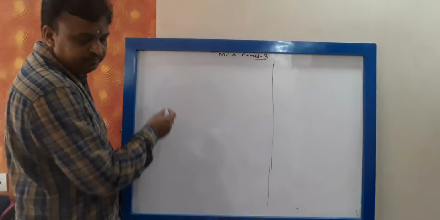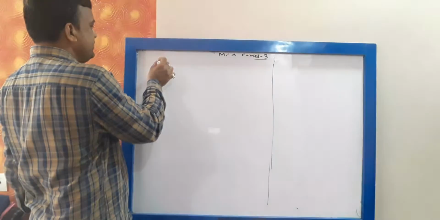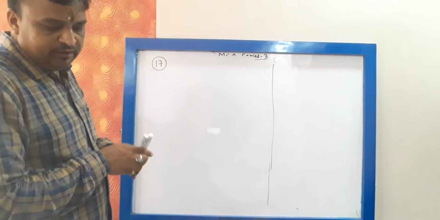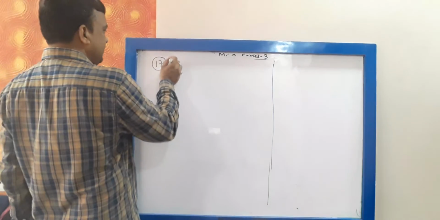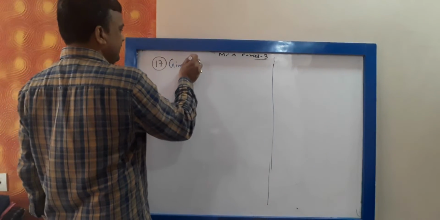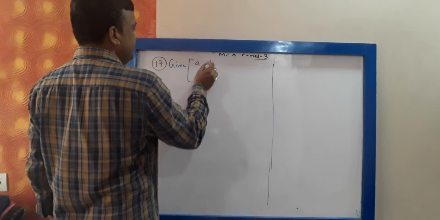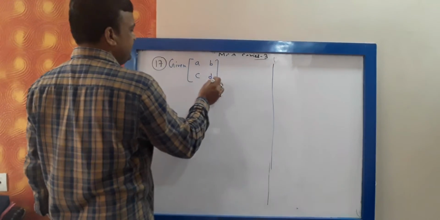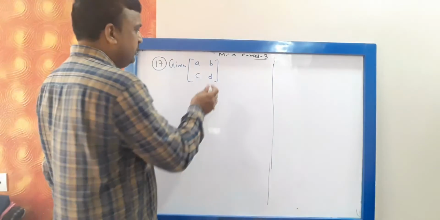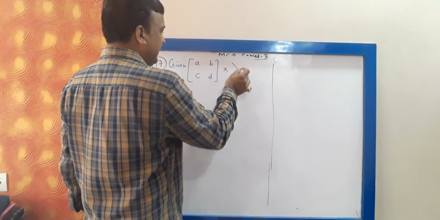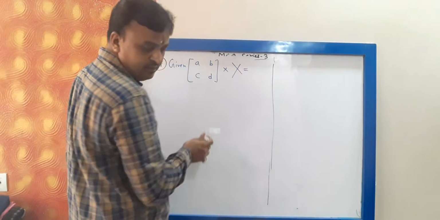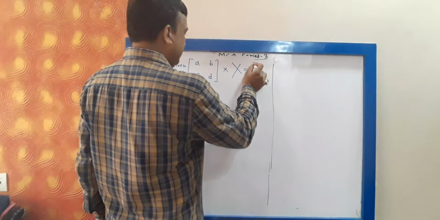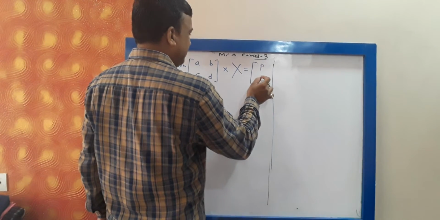17th question. You are given a matrix A B C D, into matrix X is another matrix PQ.